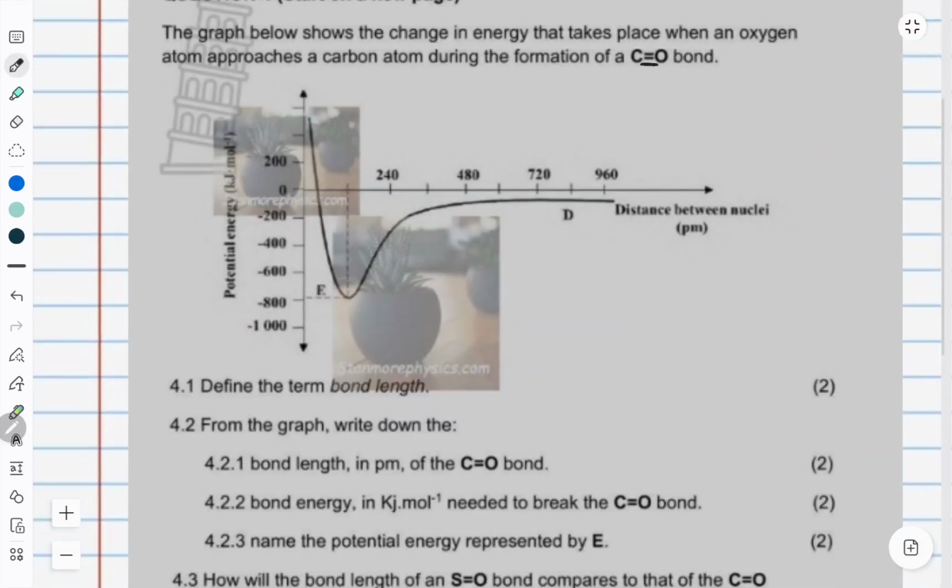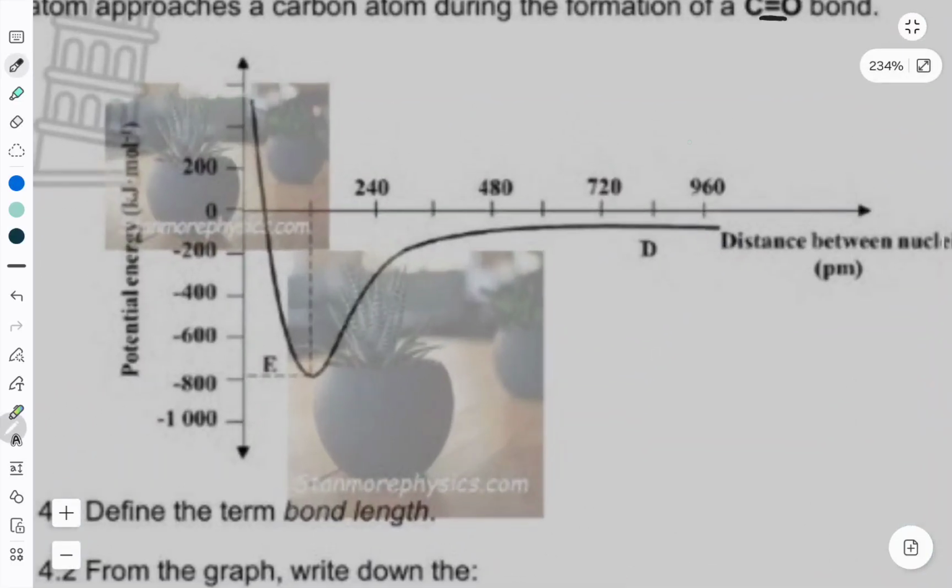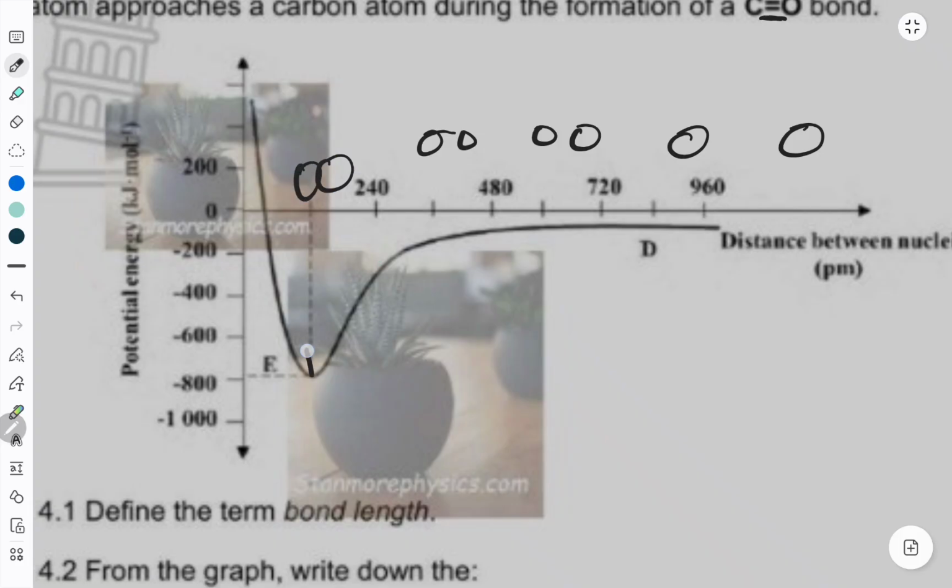All right, so remember what we said. Whenever they are here, the potential energy is close to naught or close to zero, because they are far from each other. And then as they get closer to one another, it keeps dropping until this point where the bond actually occurs, at this very point, right? And at that point, we can take out the bond length and the bond energy.